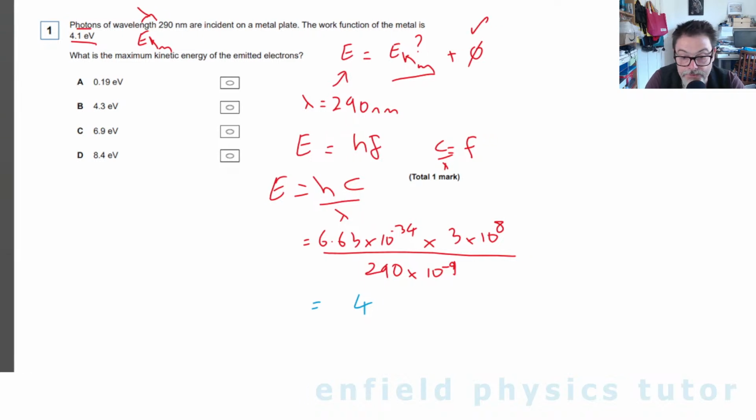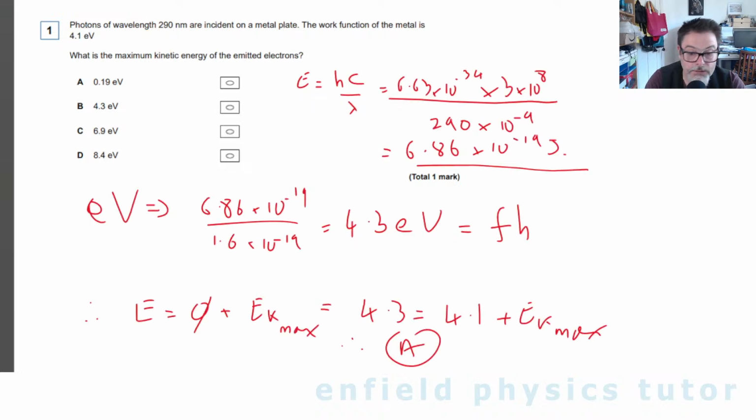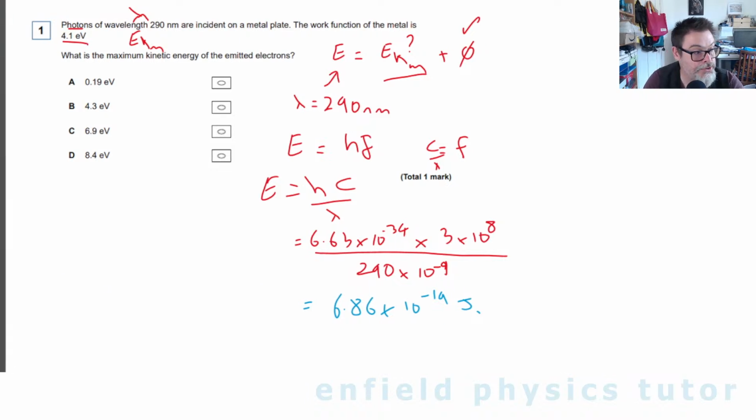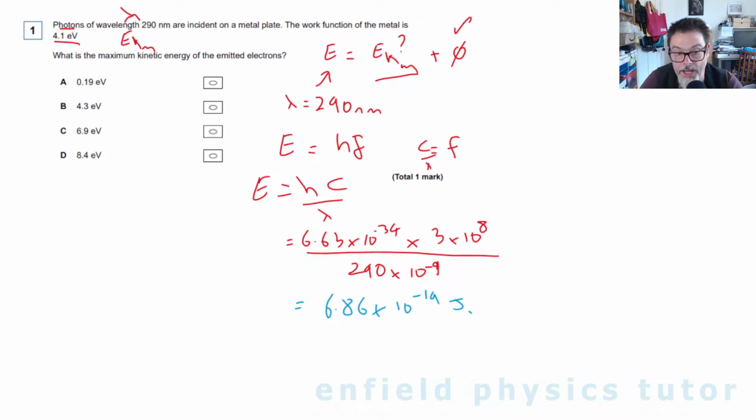This comes out as 6.86 times 10 to the minus 19 joules. It's always in joules. But of course that's a problem, isn't it? Because we don't want it in joules. We need it in electron volts because we're given electron volts here and all our answers are in electron volts.